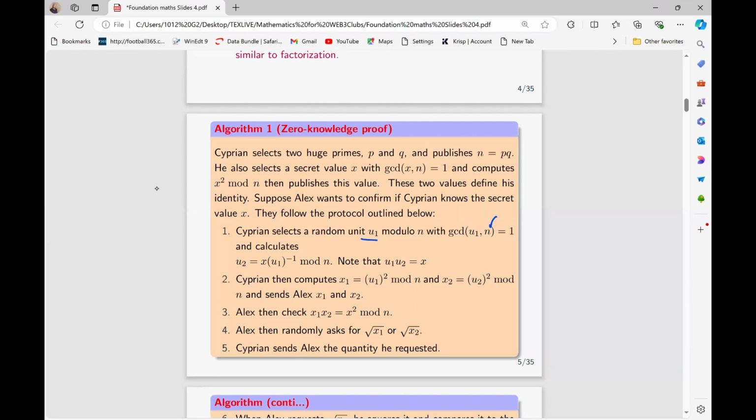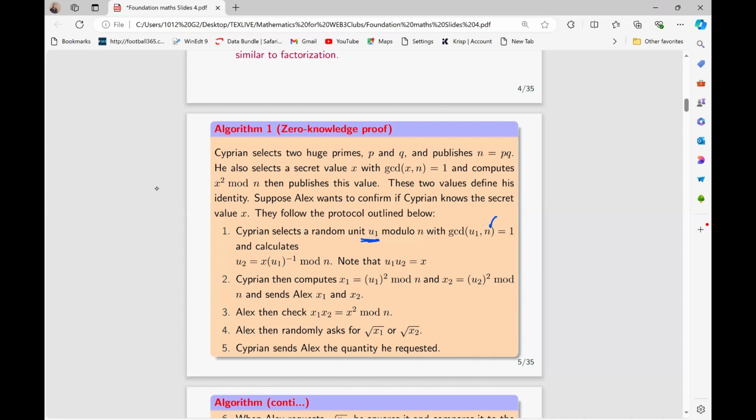After choosing that number, Cyprian gets its inverse. He has not revealed this number. He is just preparing himself to prove. That number is not x, just another number.